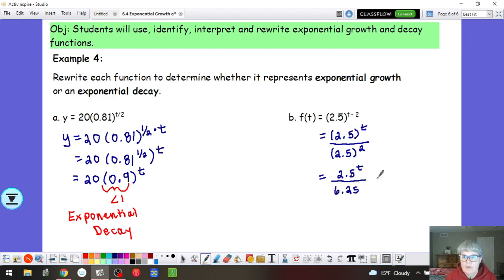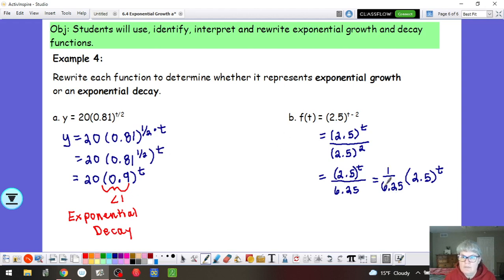6.25. Another way I can think of this, because I need the 2.5 because it's taken to the t, is 1 divided by 6.25 times 2.5 to the t. And to find out what that initial value is, I need to divide 1 by 6.25.